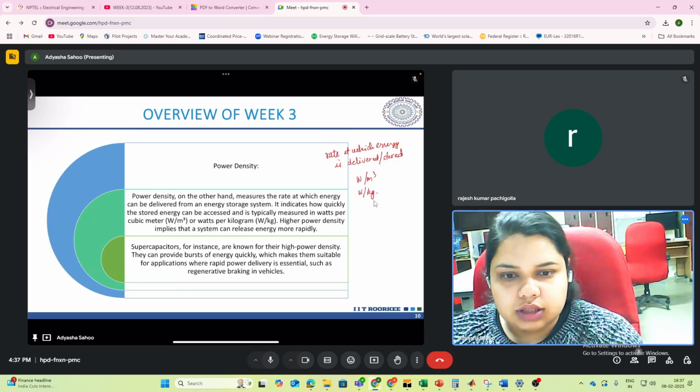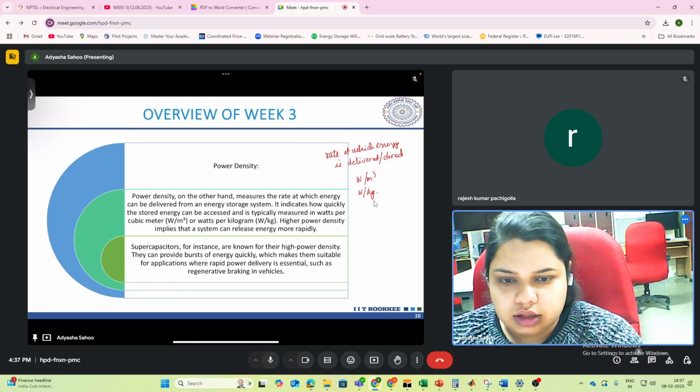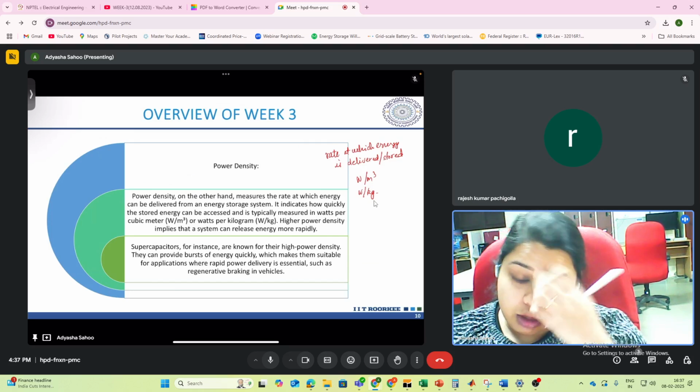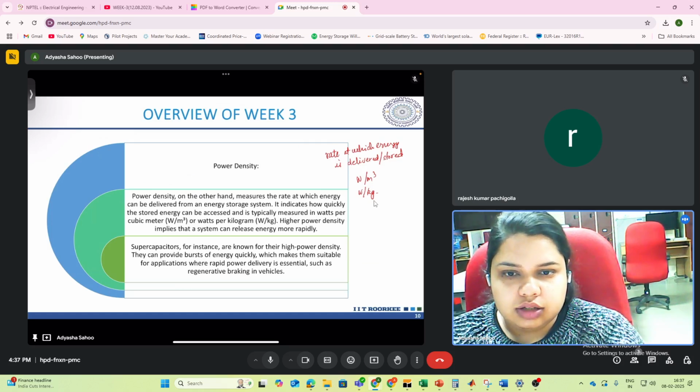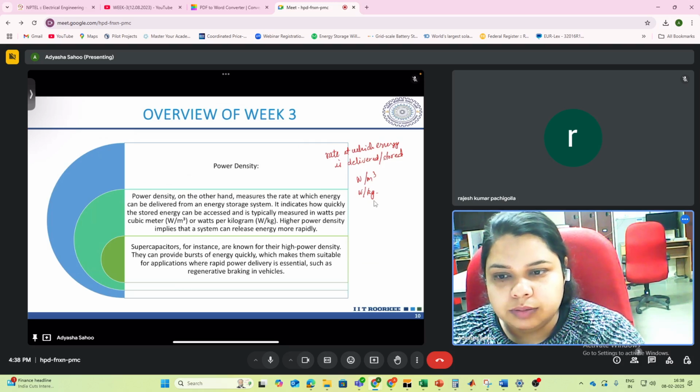When we say that our storage has high power density, it means it can charge very quickly in a matter of minutes, and similarly discharge rapidly in a matter of minutes. Depending upon the application, you can choose a high energy density device or a high power density device. And supercapacitors are the best example.